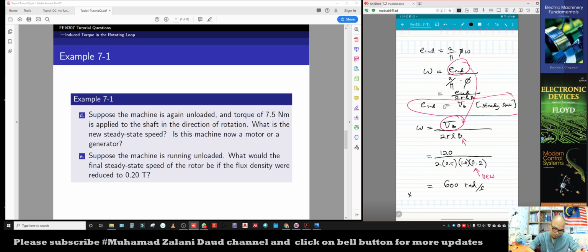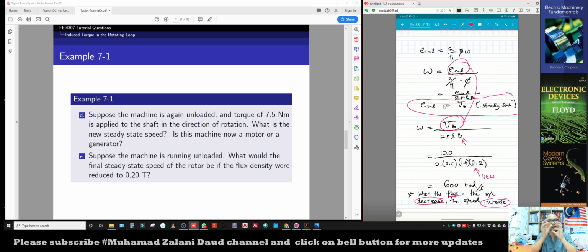So we can say that when the flux in the machine decreases, the speed increases.